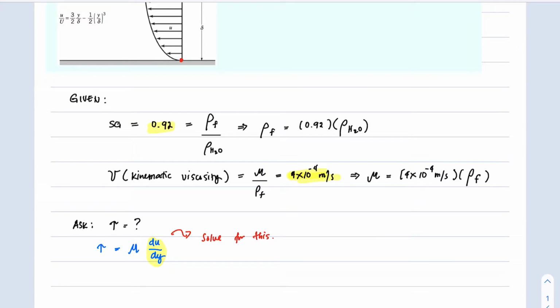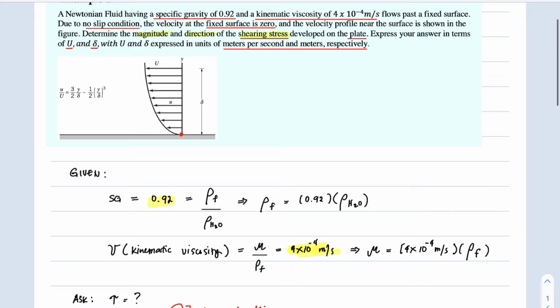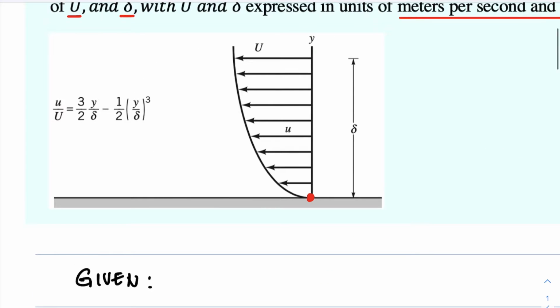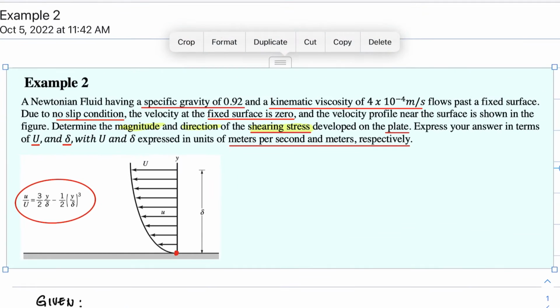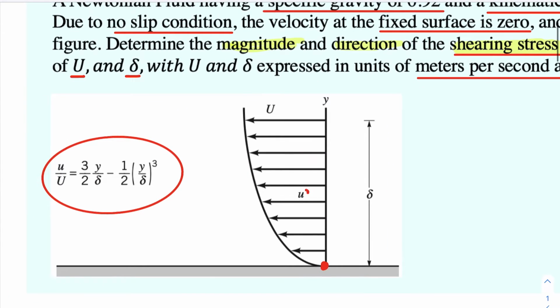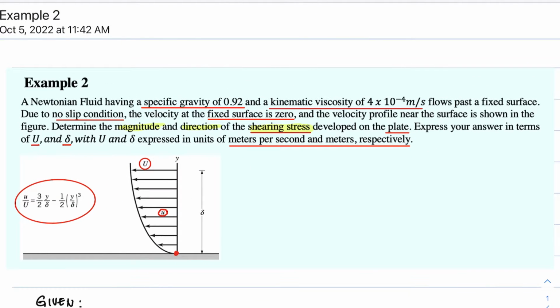Now how do you do that? Of course, we will show in this problem. However, I failed to say earlier that this is your expression of the ratio of the velocity u developed within your fluid and the velocity capital U of the fluid on the topmost portion over there.